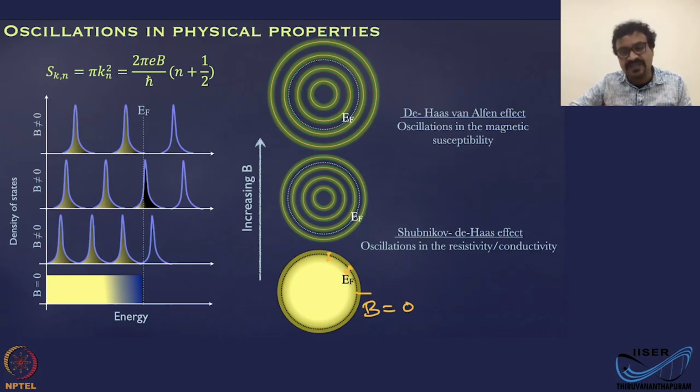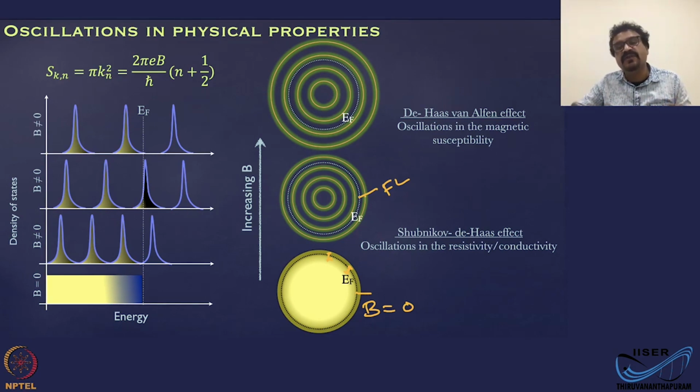The Fermi level is not going to change. That is defined by the total number of electrons in the system and the expression we have derived in one of the initial lectures. So this dotted circle, that is the Fermi level or the Fermi sphere in 3D, is going to remain the same.